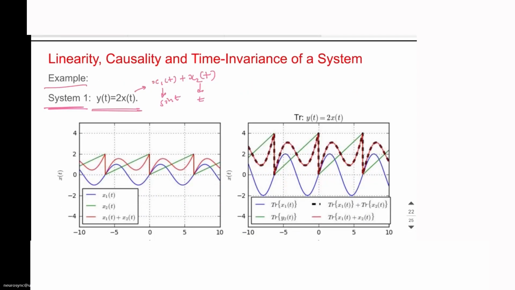Okay, so in graphical form, if you plot these signals, x1 of t you can see in blue. The x1 of t signal will look like this, and the x2 of t signal will look like this, you can see here in green. Now if you add both signals, what will you get?